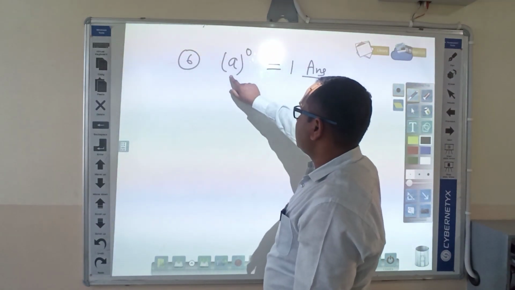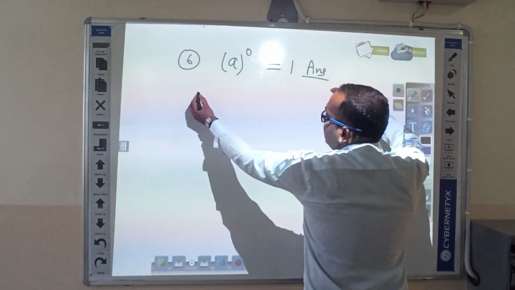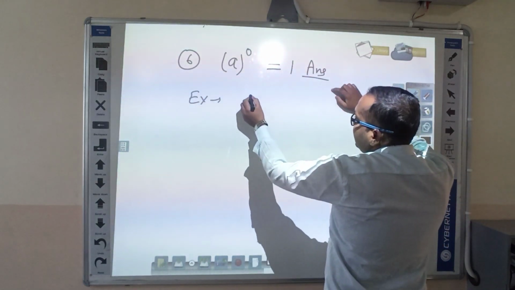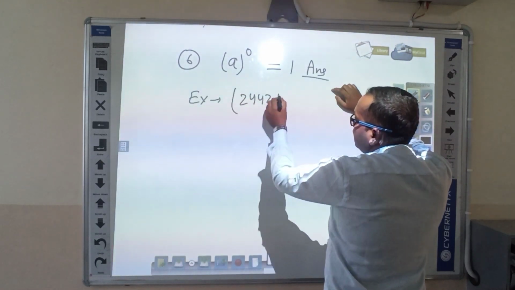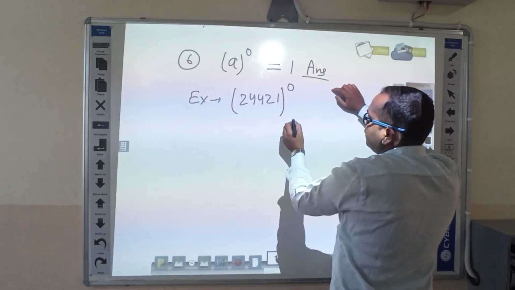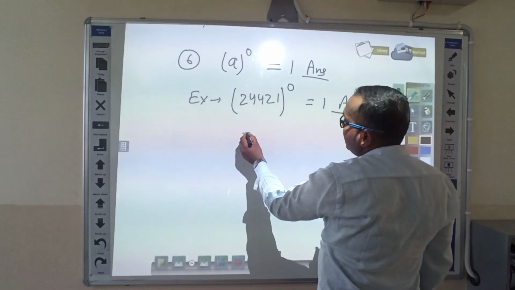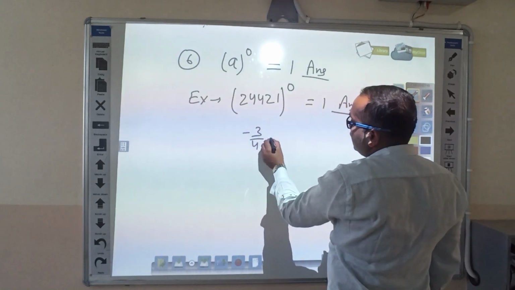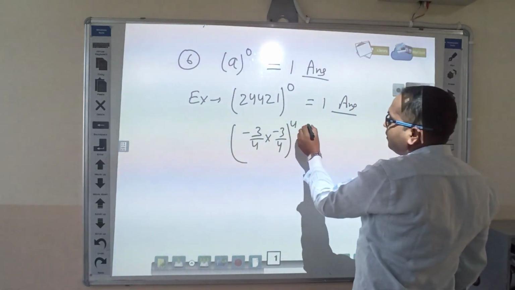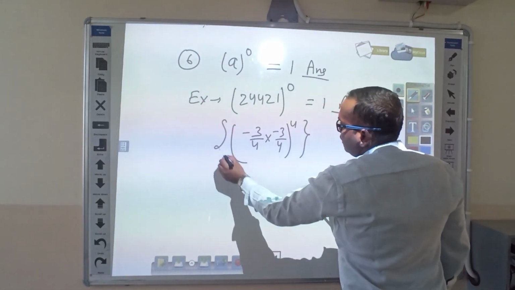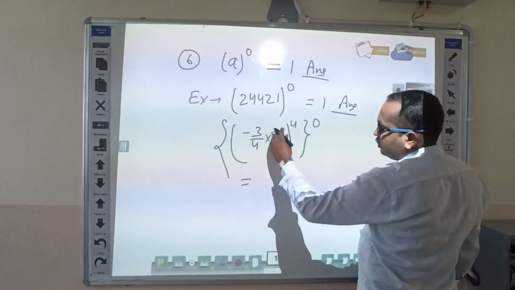Whatever the number is, if it is raised to the power 0, it always gives 1. Example: suppose we take 2, 4, 421 raised to the power 0, it gives 1. Suppose we take (-3/4 × (-3/4)^4) to the whole power 0. No need to solve this question.